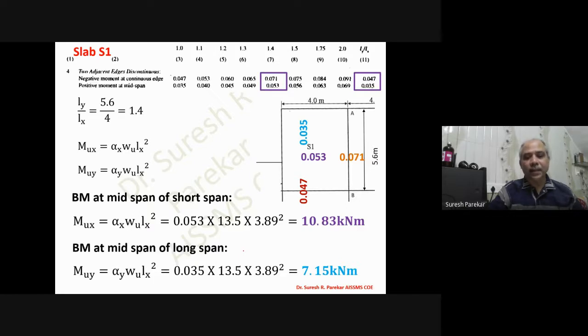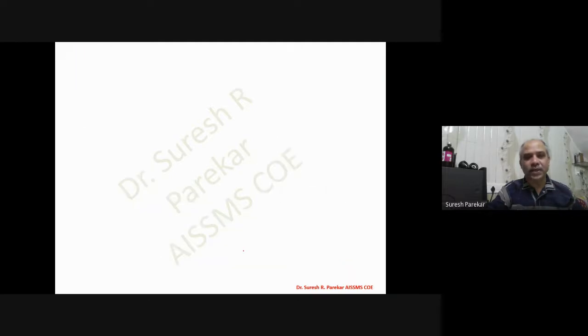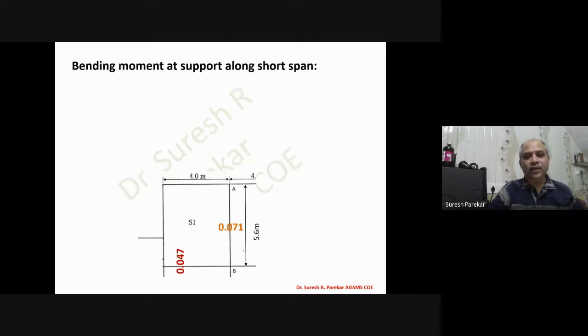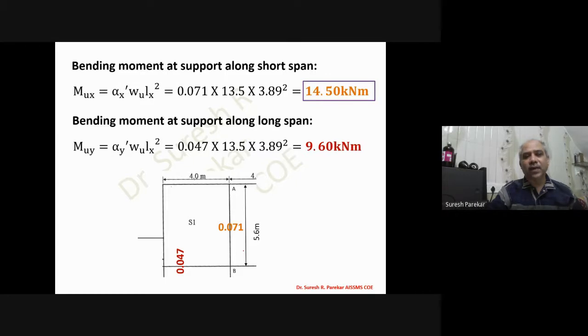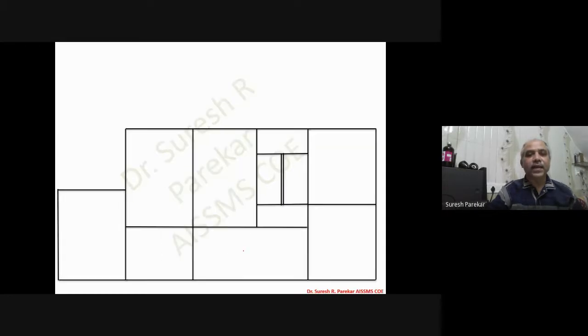And bending moment at mid span along long span is 7.15 kilonewton meter. Now if we go for support, along short span we have 14.50 kilonewton meter, and along long span we have 9.6 kilonewton meter. So we have 14.50 kilonewton meter, that is the maximum value.